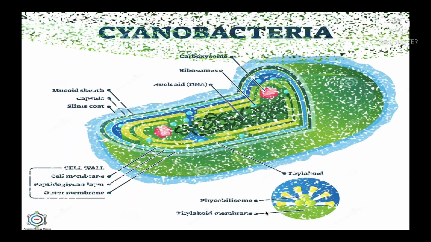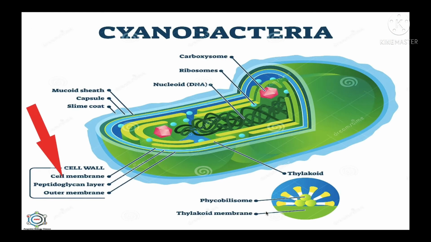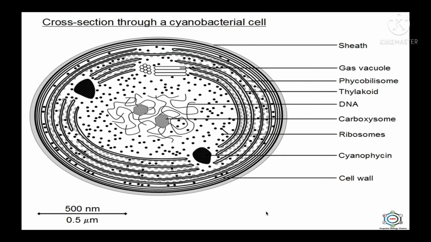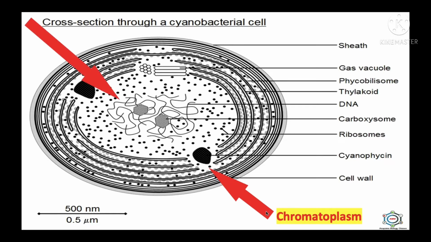The cell wall is followed by the plasma membrane, which is made up of lipids and proteins. The inner contents of the cell may be distinguished into two regions: the outer pigmented region called chromatoplasm and the central hyaline region which is known as centroplasm.